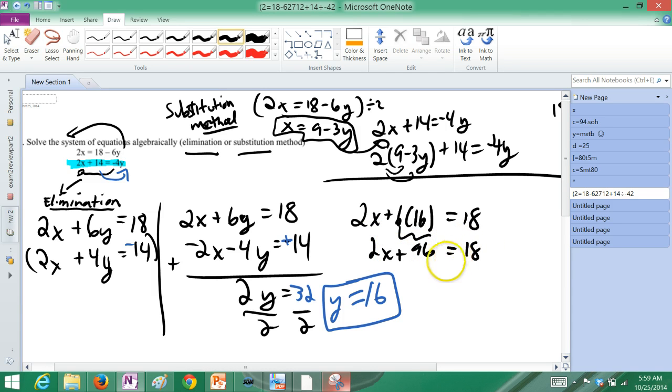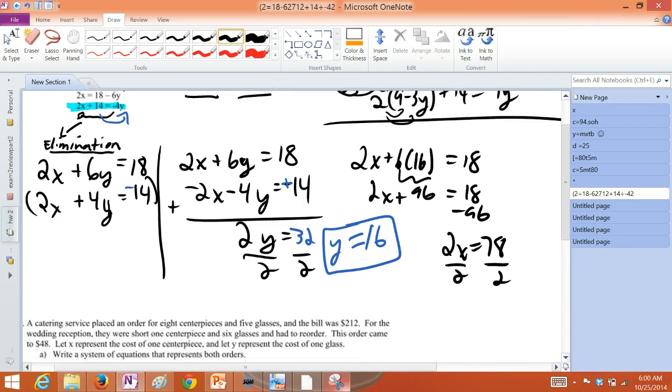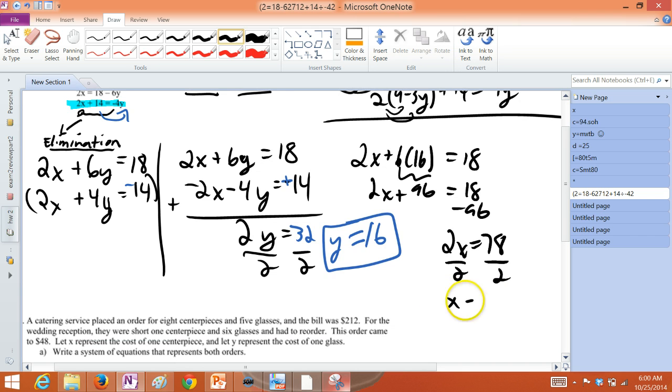So that we take away 96 and, jeez, what is that? 78. Yeah, 78. 2x then would be 78. Take half of that, and I believe x is something like 39.